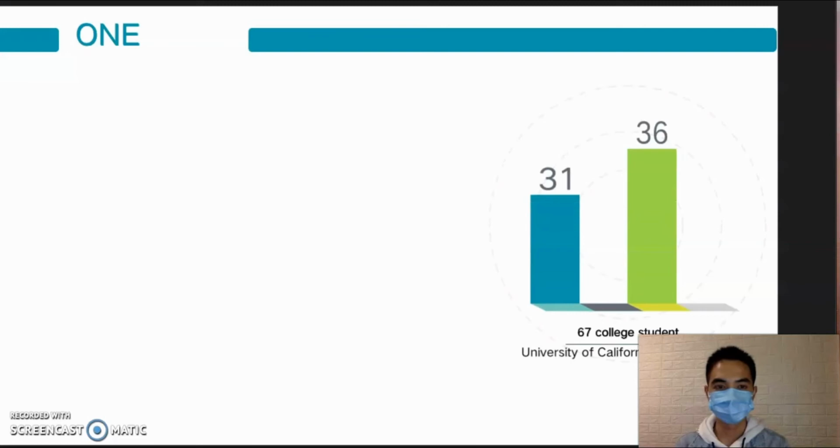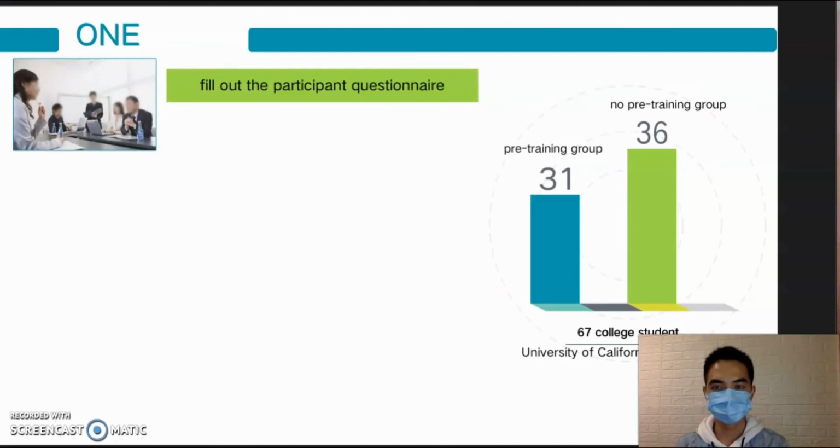Experiment 1. The participants were 72 college students recruited from the psychology subject pool at the University of California, Santa Barbara. 31 students served in the pre-training group and 36 served in the no pre-training group. At the beginning, participants filled out a questionnaire.